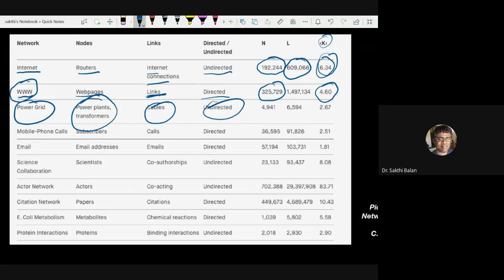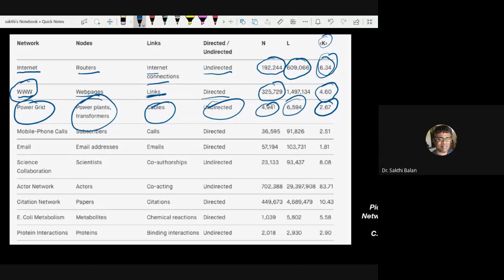Here the number of nodes is 4,941, and the number of links is also not that huge, maybe 1.2 or 1.3 times that. So the average degree is quite less, that is 2.67.